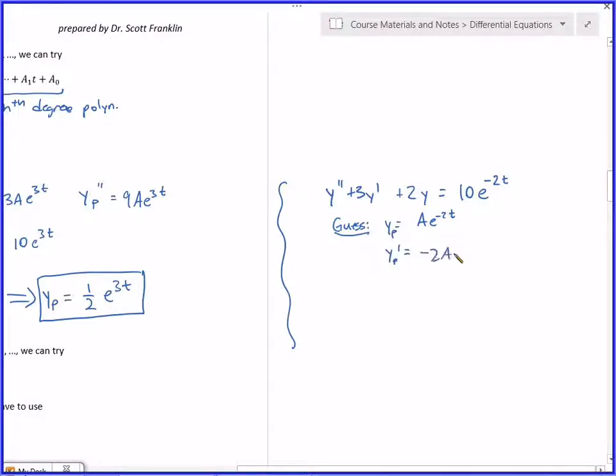Negative 2a e to the minus 2t, and yp double prime is 4a e to the minus 2t. So now, 4a e to the minus 2t plus 3 times minus 2a e to the minus 2t plus a e to the minus 2t. Have to set that equal to 10 e to the minus 2t.